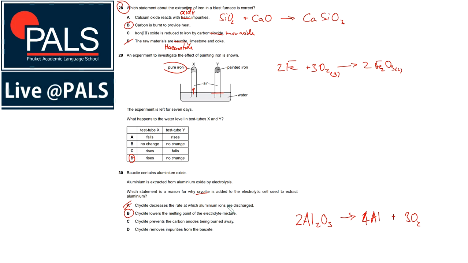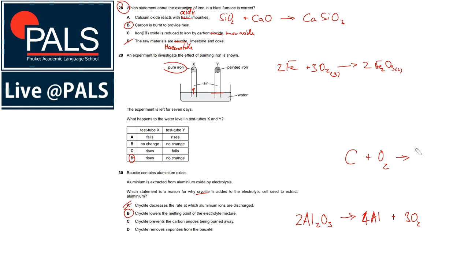Although the cryolite is added, it's still a high temperature that we're working at, and the electrodes where oxygen is formed are graphite electrodes, which means it's carbon, and at these high temperatures, these carbon electrodes then immediately react with the oxygen that's produced and they burn away, so the cryolite cannot prevent that.